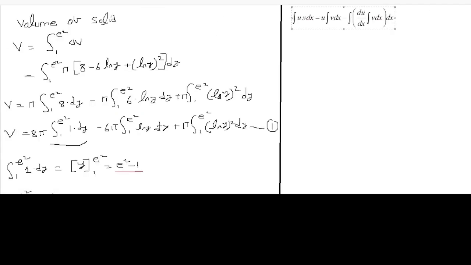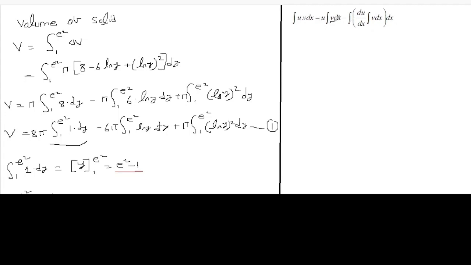So let's start by taking a look at the integration by parts formula. Here, if u and v are two functions of x, or any one of them can be a constant term also. By using by parts, you can write integration of u into v as u into integration of v dx minus integration of the whole expression of du by dx into integration of v dx.